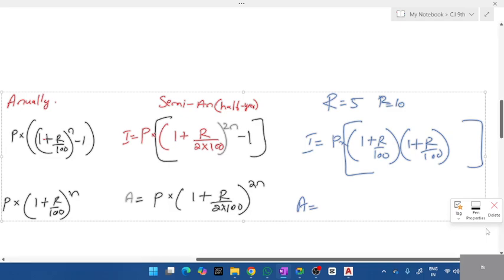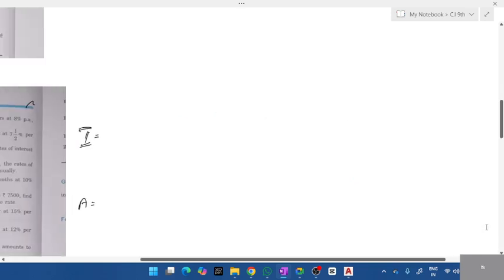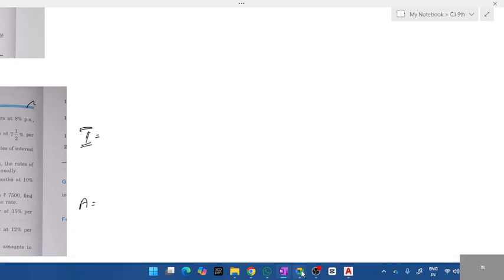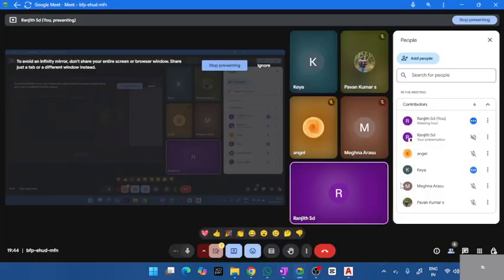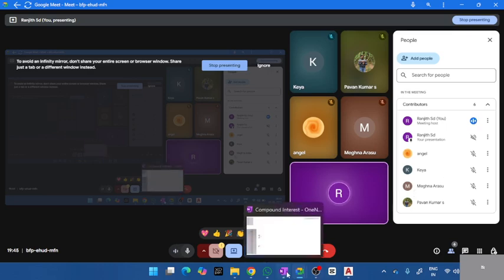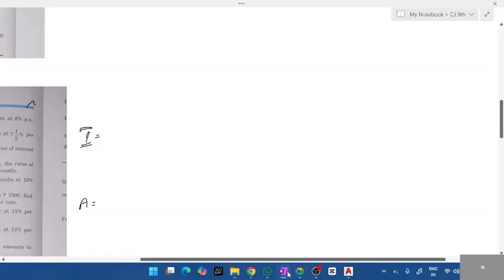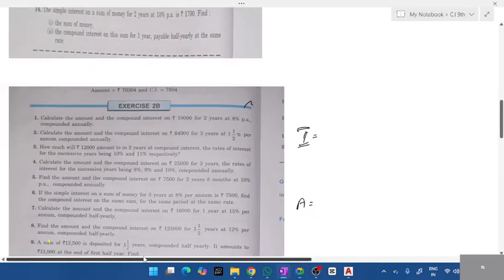In trigonometry we can use different methods, but all this has direct formulas, right? When direct formulas are given, you can't use different methods. It's the same here. So use any method, you can use what the teacher does. All you have to check is whether it is annual or semi-annual concept.